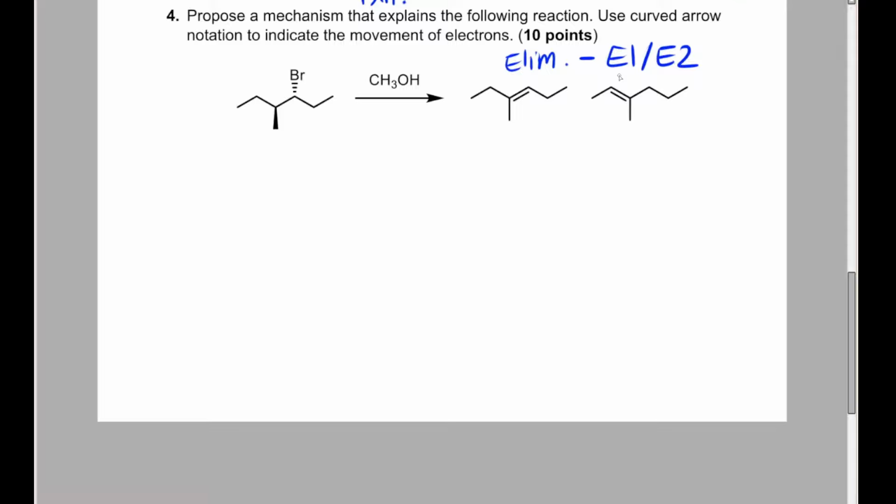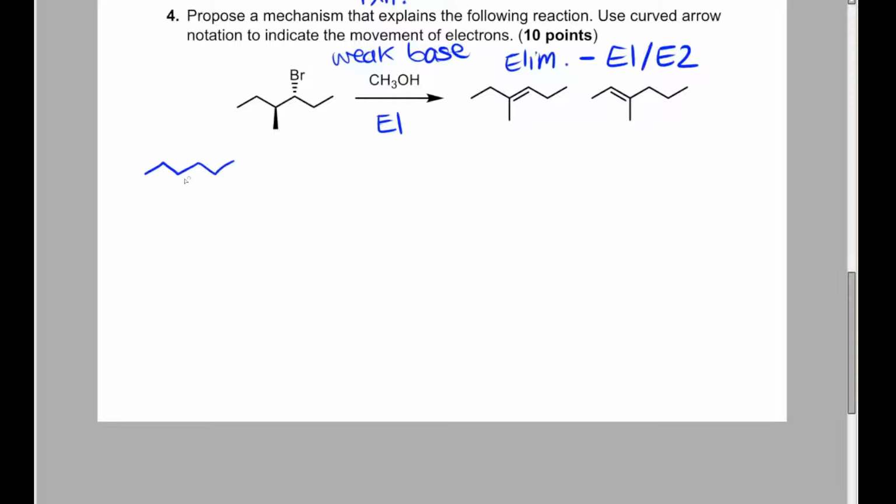That's because usually negatively charged things are stronger nucleophiles or bases, whereas neutrally charged things are weaker. In this case, we have a weaker base because it's neutral. So because it's a weak base, we know it's an E1 mechanism because an E1 mechanism has multiple steps and the base isn't strong enough to cause the leaving group to leave on its own.